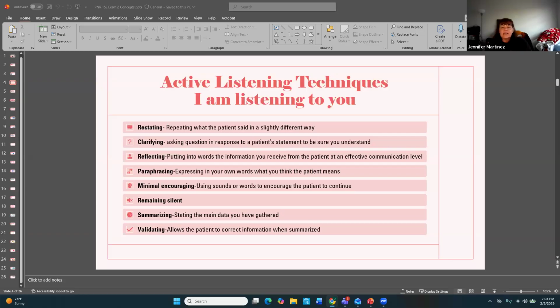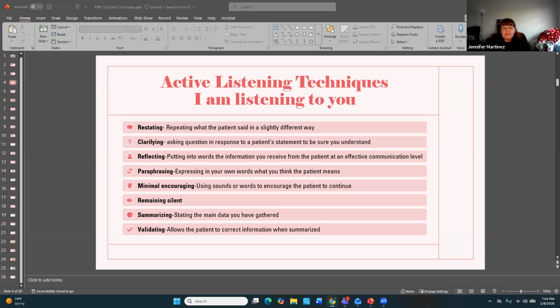It's just restating it in a different way. Clarifying is asking a closed-ended question in response to a patient's statement to be sure you understood. So if the client says, my chest hurts, right? Exactly where does your chest hurt? Even if they want to point to where their chest hurts.